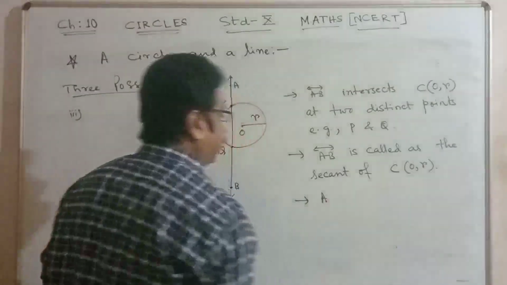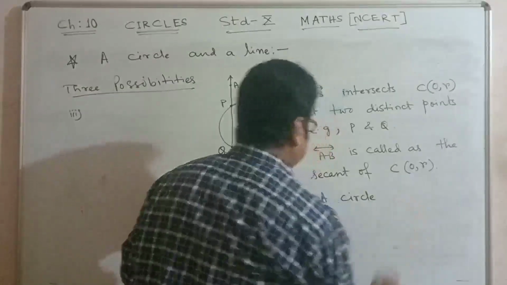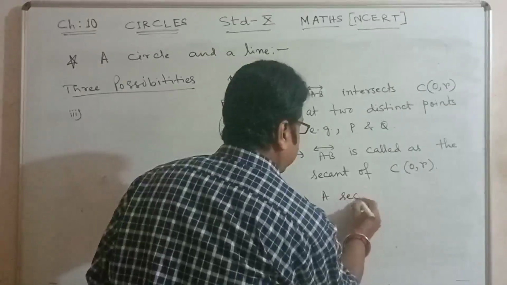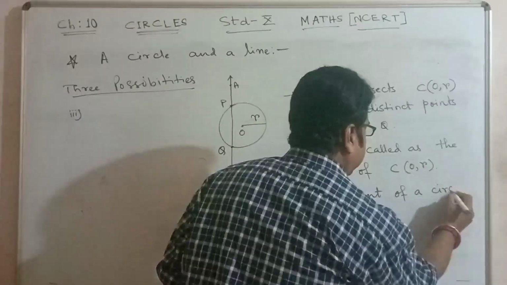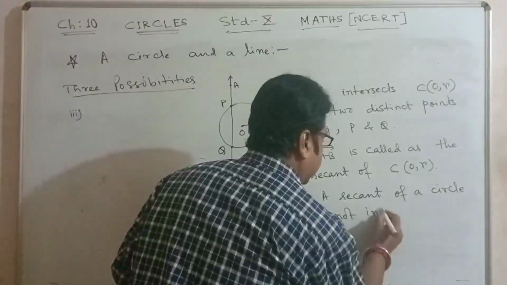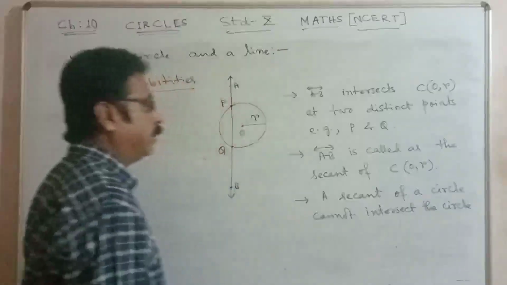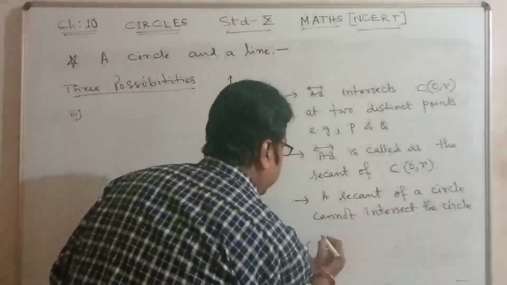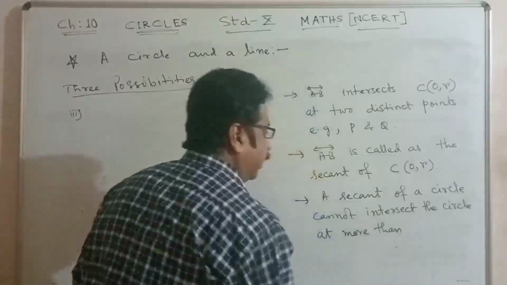A secant of a circle cannot intersect the circle at more than two points.